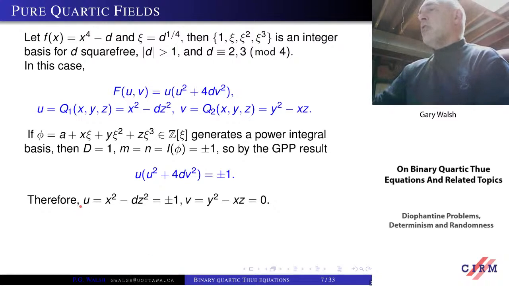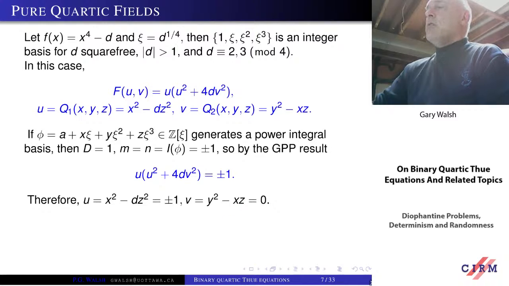So here, this is what I've written. U, which we know is x squared minus dz squared, equals plus or minus 1. V, which is y squared minus xz, is equal to 0. Now, from this equation, x and z are coprime, so that says that these are both squares.